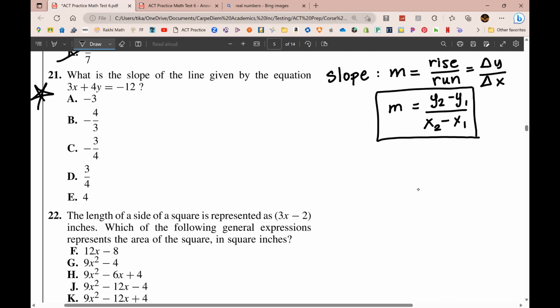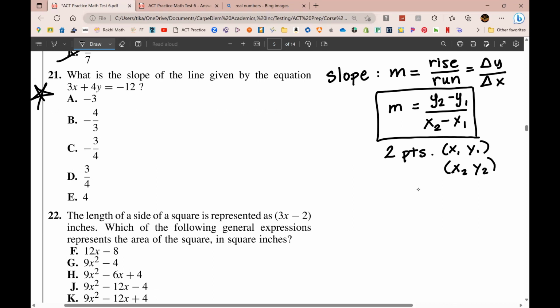Okay, so for this problem, it says, what is the slope of the given line? Here, we are not going to be able to do the slope in this way because for this, you need 2 points, right? You need an x1 and y1, and you need an x2 and y2.